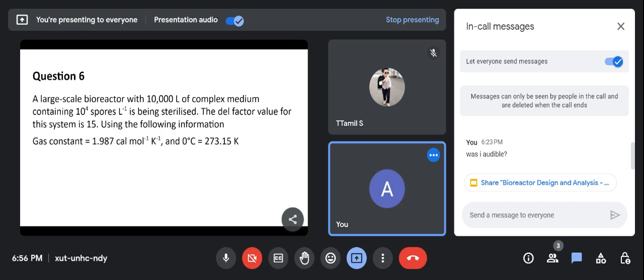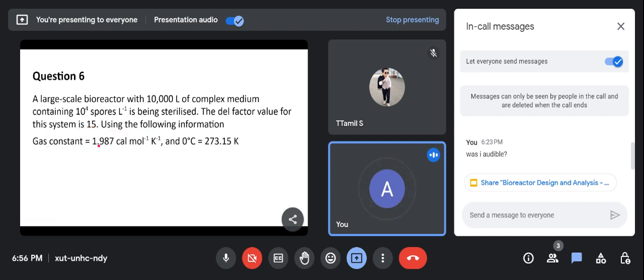This is a numerical. You have a large scale bioreactor with 10,000 liters of complex medium, and it has 10 to the power 4 spores per liter, and it is being sterilized. The del factor value for the system is 50, and you have been given the following information.